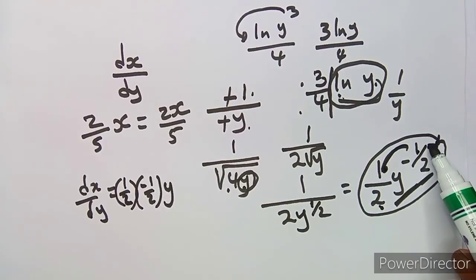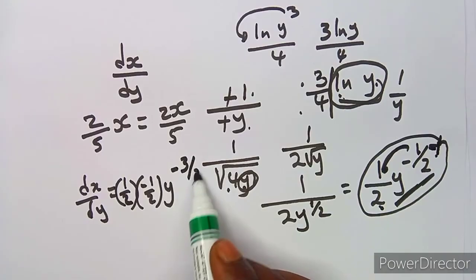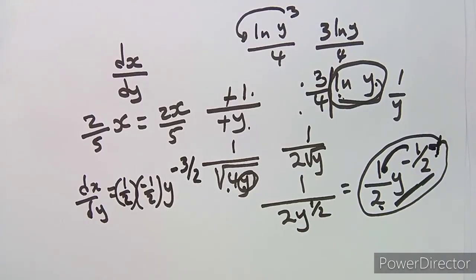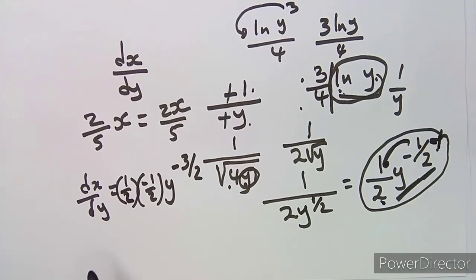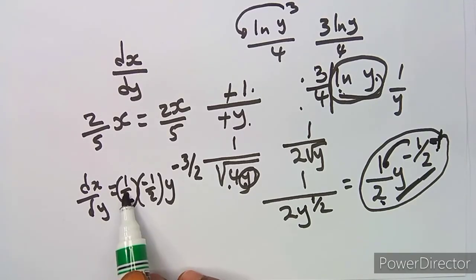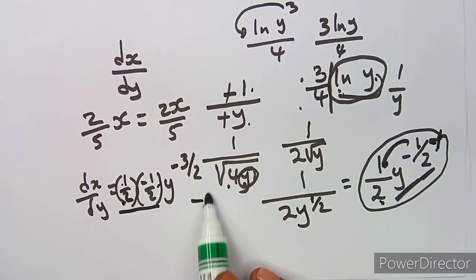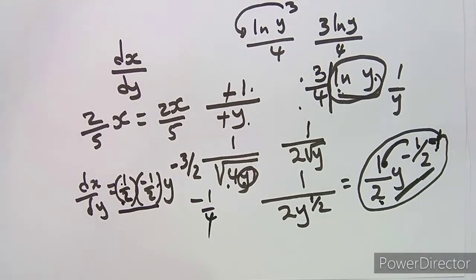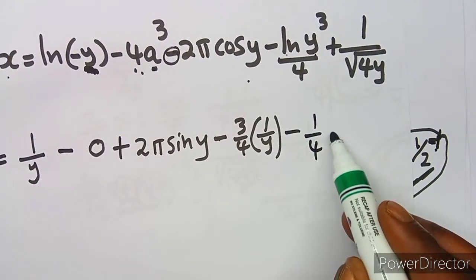So minus half minus 1 from your calculator is going to be minus 3 over 2. If you multiply this properly, it's minus 1 over 2 times minus half, which from your calculator is minus 1 over 4.